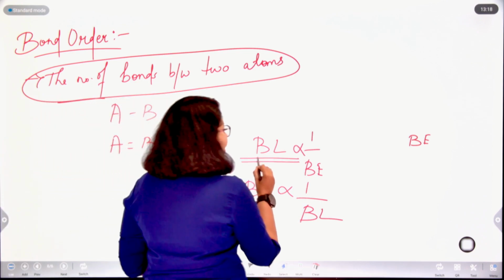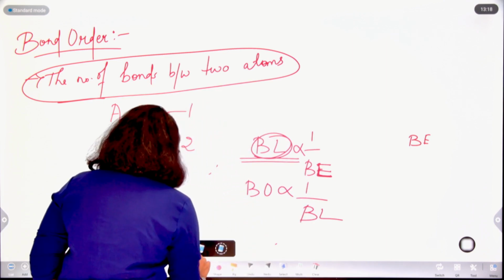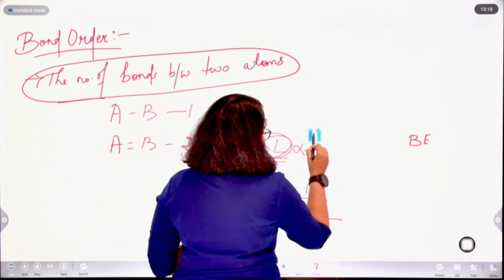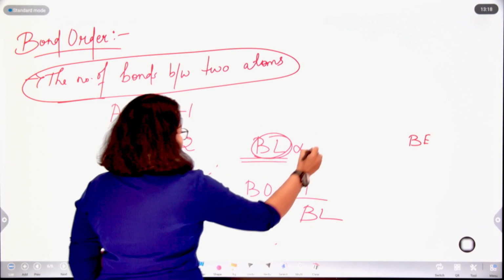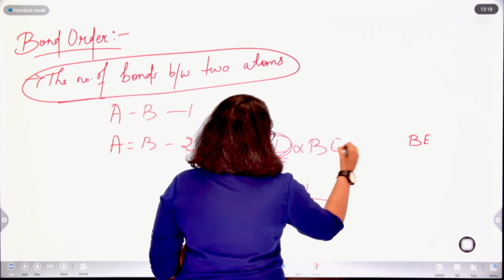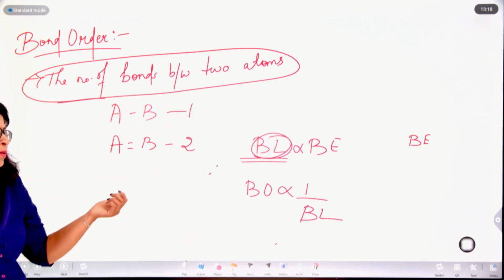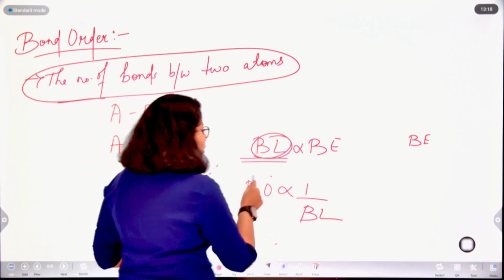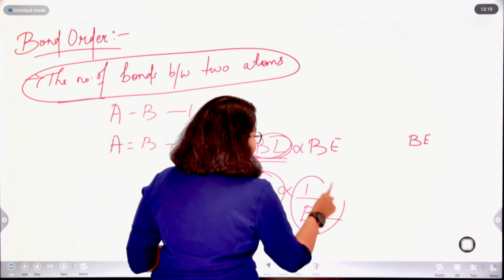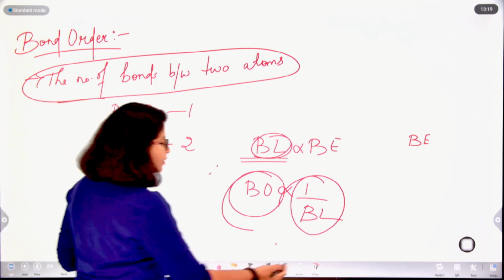And bond order and bond enthalpy, okay, sorry, it is directly proportional. So if bond length is more, then bond enthalpy will be less, but if bond order is more, then bond length will be less. It is inversely proportional.